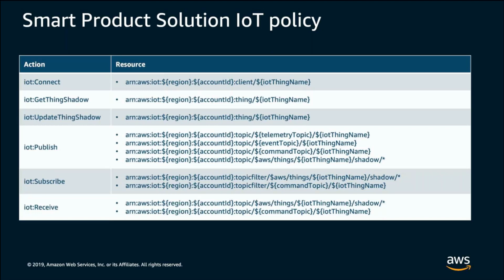The Smart Product solution provides permission to connect to IoT Core, get thing shadow, update thing shadow, publish messages to topics, subscribe to topics, and receive messages from topics.